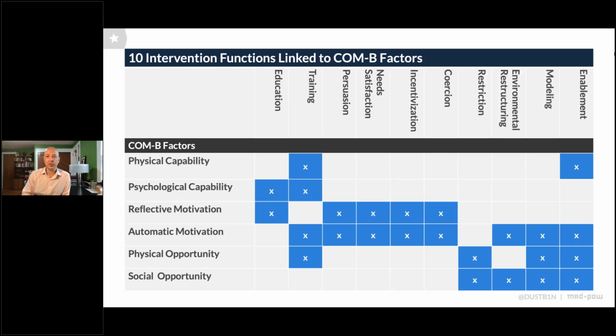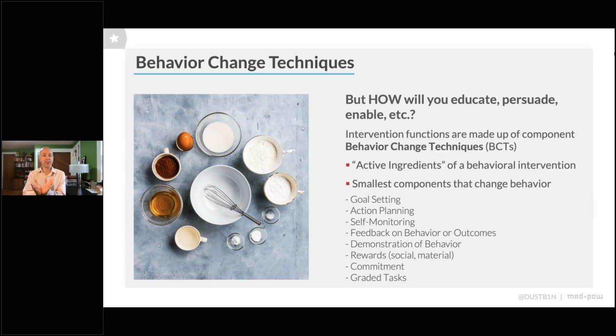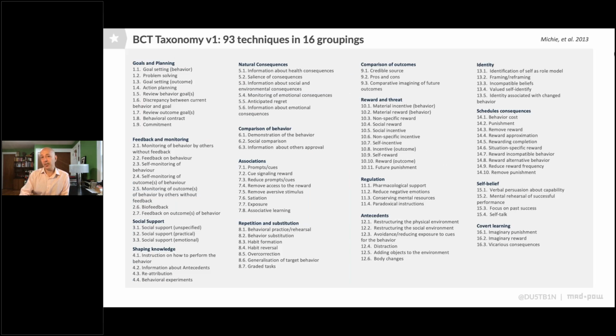before we jump into questions, we can get, again, as I mentioned, even more granular. So within modeling, within education, within training, we can think about these different granular behavior change techniques. There's a taxonomy that you can look up, the behavior change techniques taxonomy.